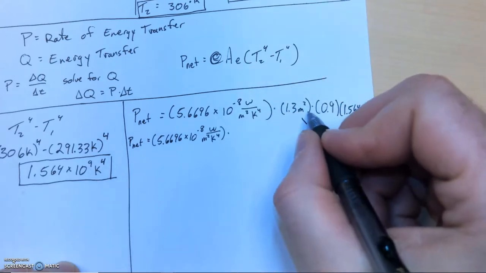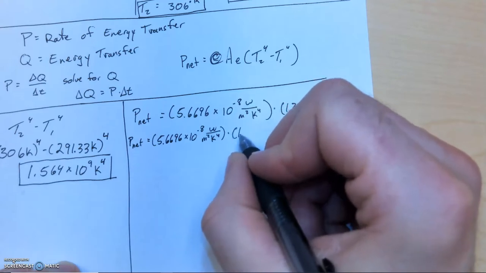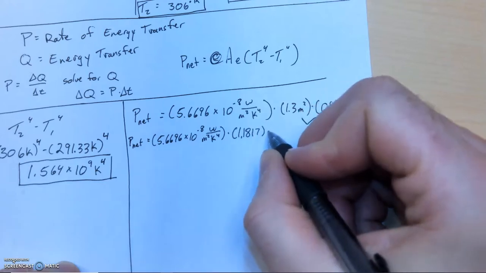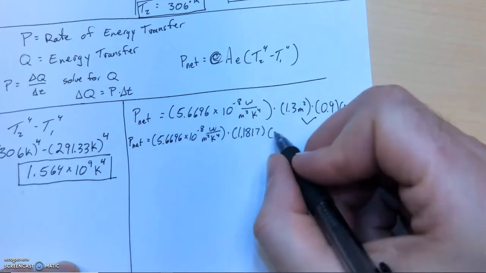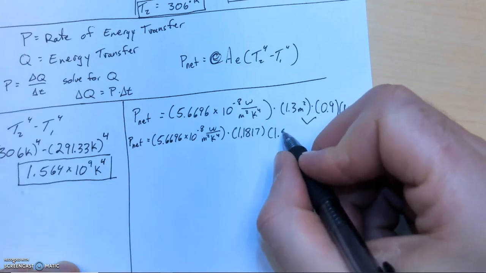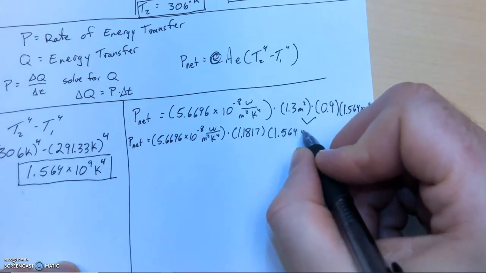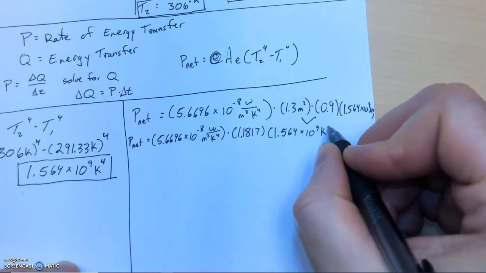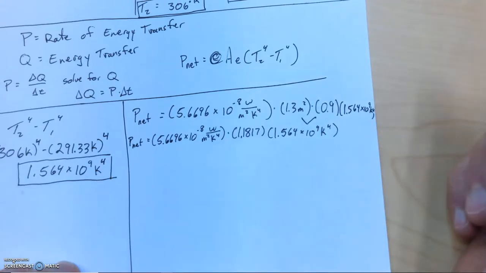Multiply those together, and we get 1.1817, and then we have the number over here, which is our temperature, 564 Kelvin to the fourth. Now we got a little more room.